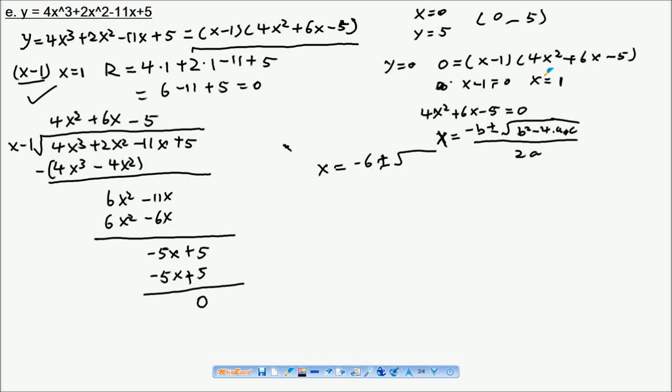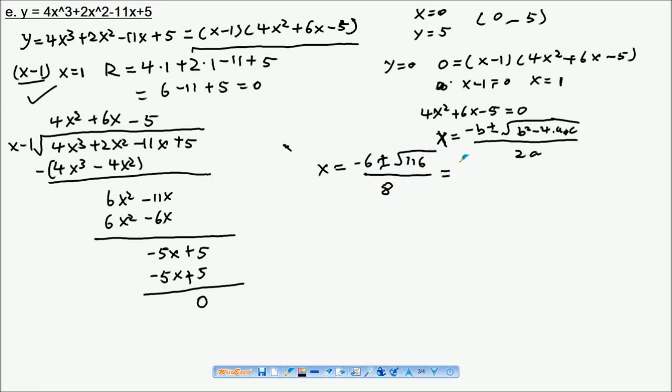Let me check. Oh, sorry, I was wrong. The determinant is 106, divided by 8.